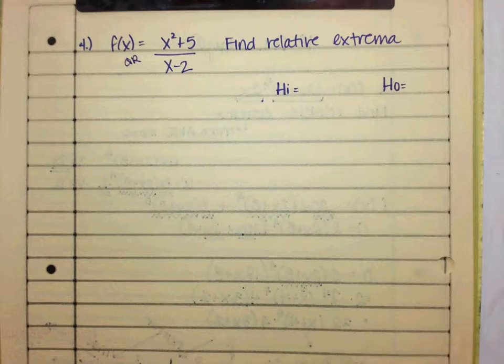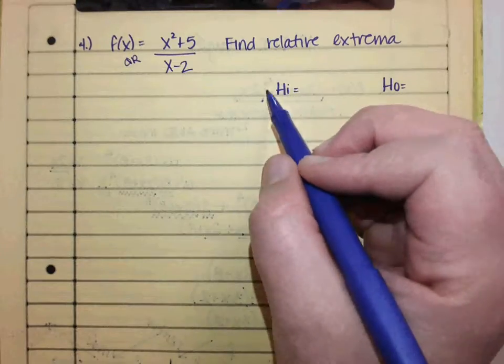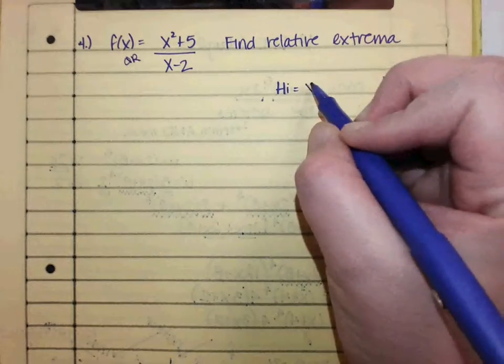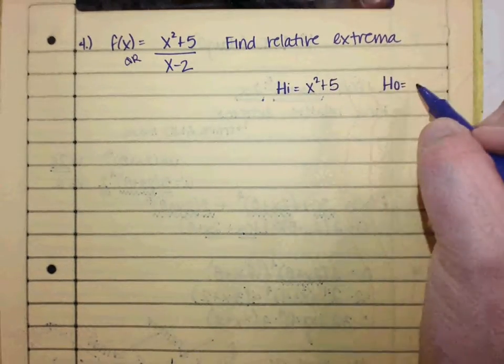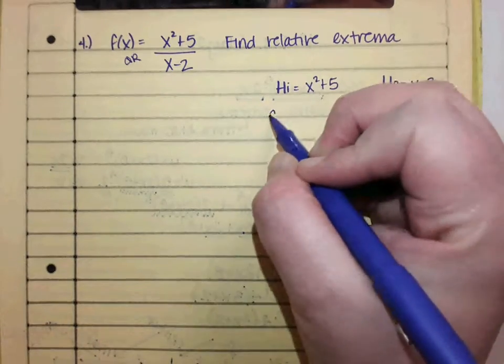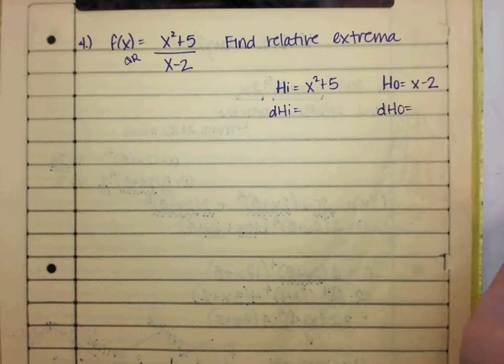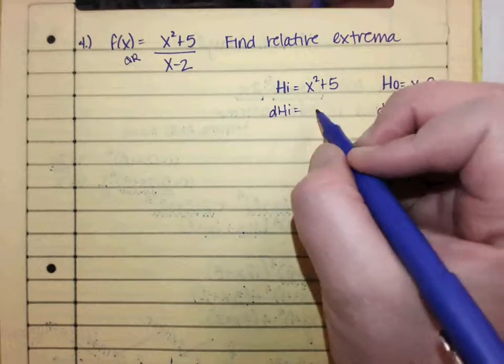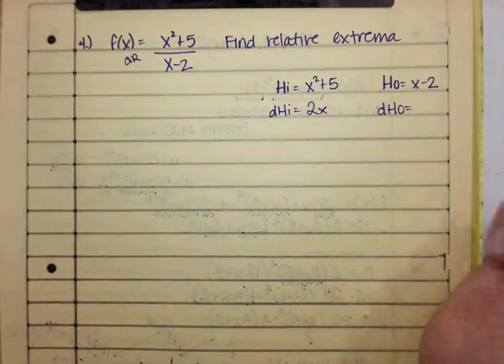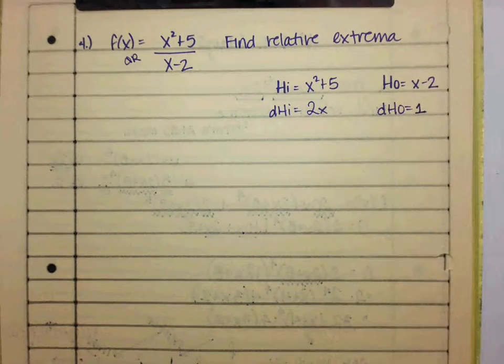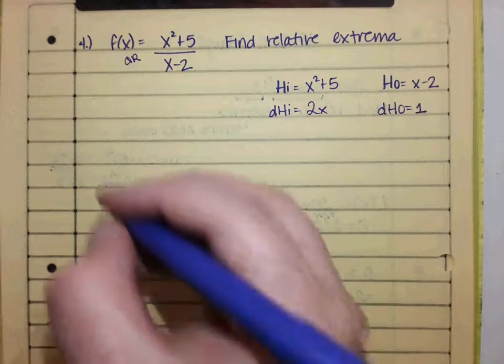Thank you. Okay, so high is going to be the numerator, which is x squared plus 5. Ho is going to be the denominator, x minus 2. Then I need to take the derivative of the top, derivative of the bottom. So the derivative of x squared plus 5 is 2x. The derivative of the bottom is just a 1. So now we're ready to set up our derivative.